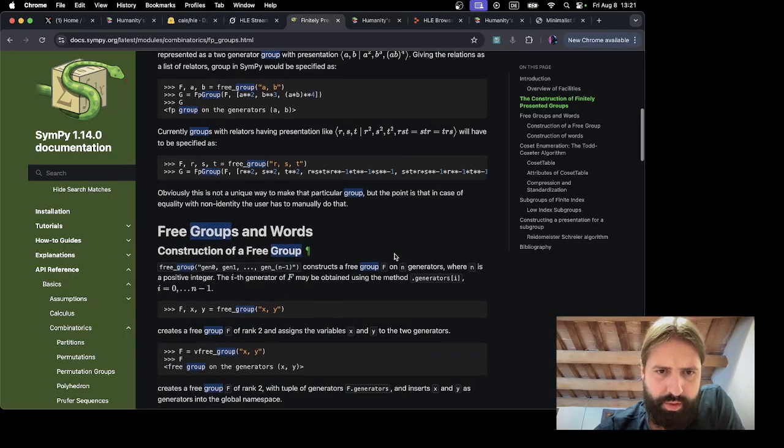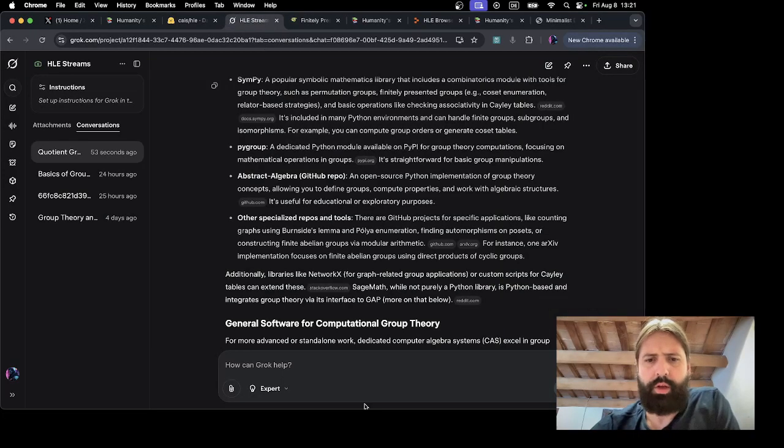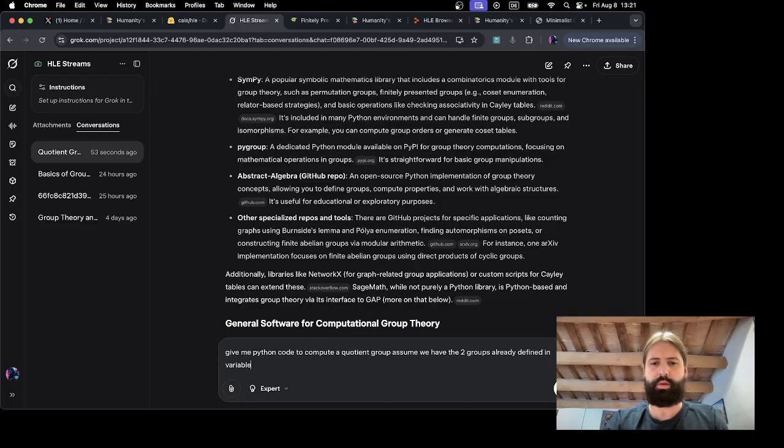So you define groups. Give me Python code to compute a quotient group. Assume we have the two groups already defined in variables.